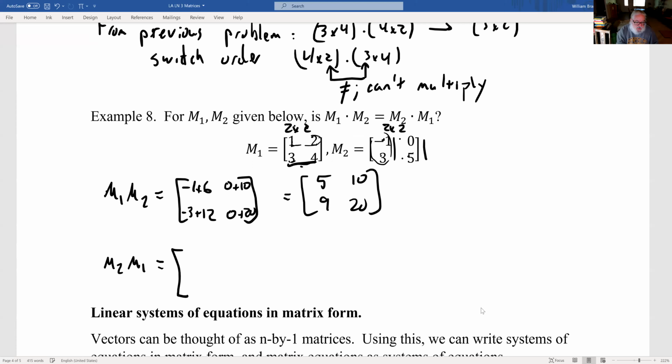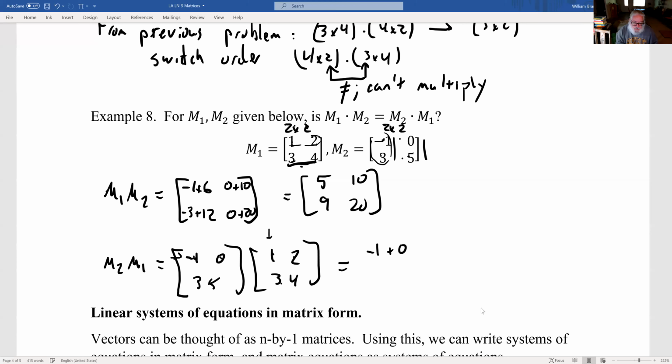What's M2 times M1? Well, we'll rewrite this here because we want to make sure it's in the right direction. Minus 1, 0, 3, 5 times 1, 2, 3, 4. What's that going to give me? First row times first column, minus 1 times minus 1 is minus 1 plus 0 times 3 is 0.